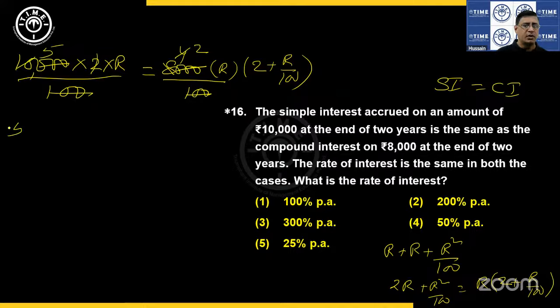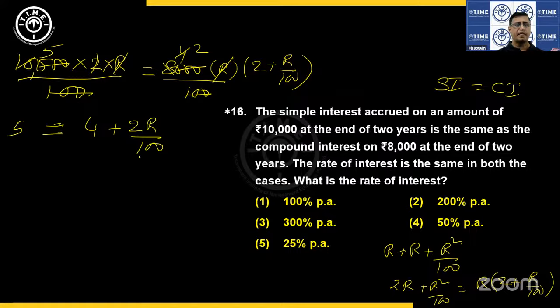Look at this one. 5 into R, that is 5R, which is equal to, of course, here R and R get cancelled. Now there is no R, only 5 on the left hand side. So 5 is equal to 2 into 2, that is 4, plus 2 into R, that is 2R by 100.